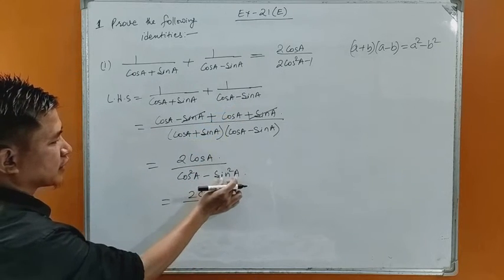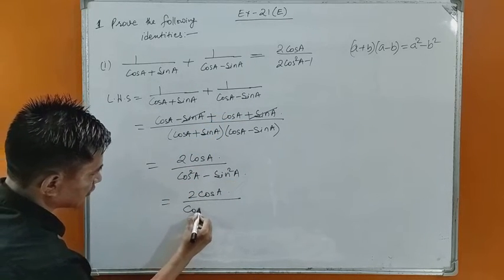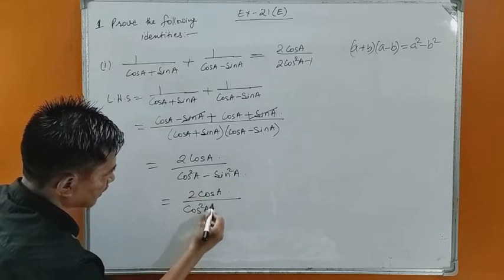So let's convert this sin square A to cos square form. So cos square A we copy as it is, cos square A minus here.